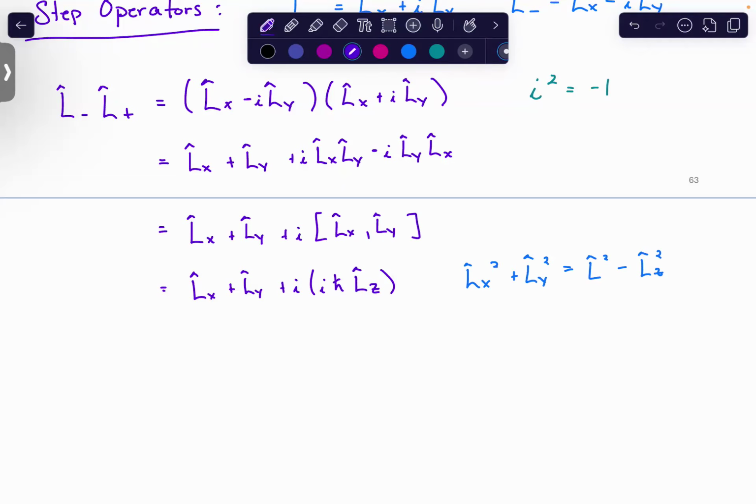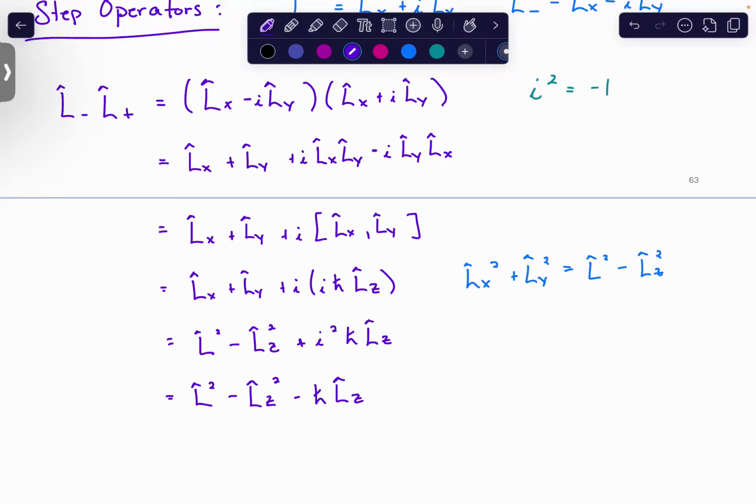So then this becomes L squared, Lz squared, plus i squared h bar Lz. And then we can make one more adjustment. That's because i squared is just -1.